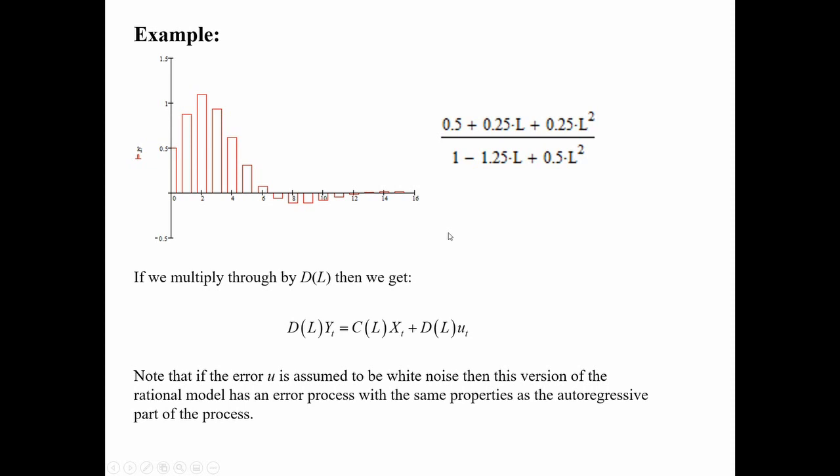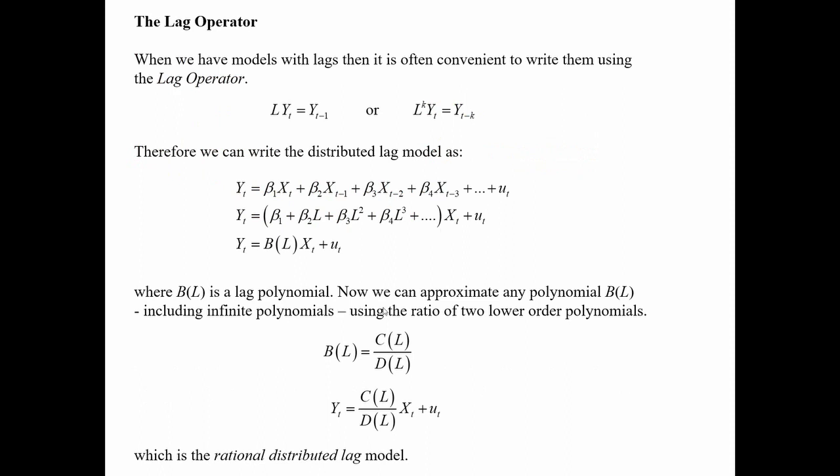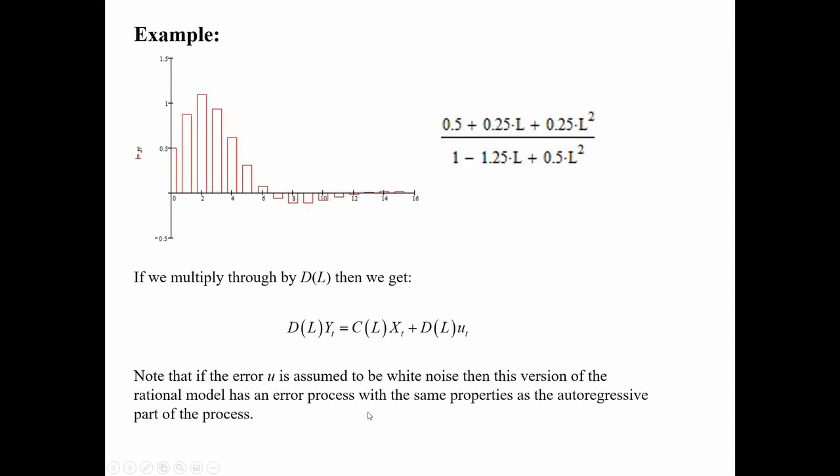Now let's go back to our rational distributed lag model. So if I go back one slide, if we take this formulation here, yt equals c(L) over d(L) xt plus ut, we can multiply through by d(L), and that will give us the following expression, d(L) yt equals c(L) xt plus d(L) ut.